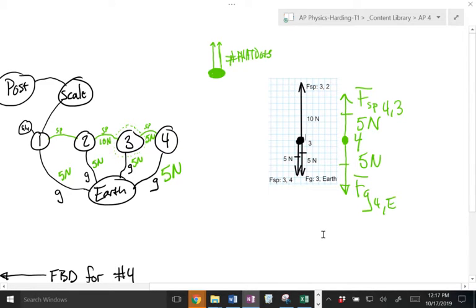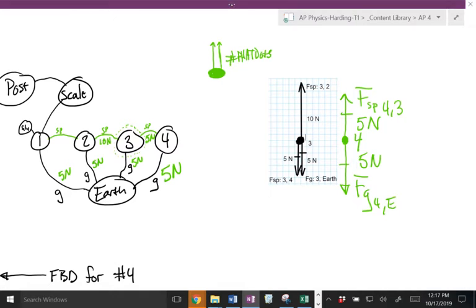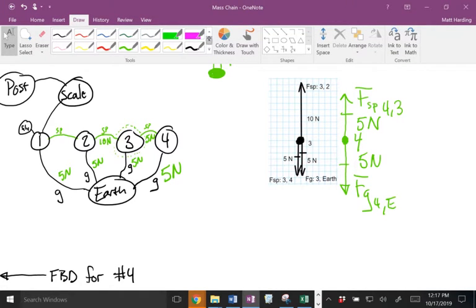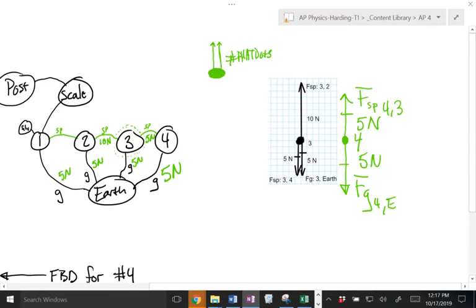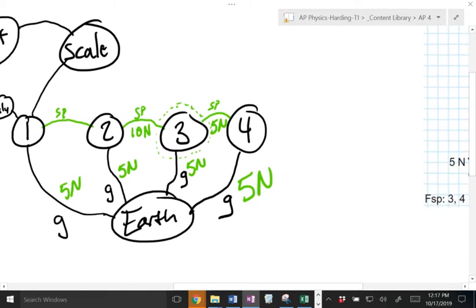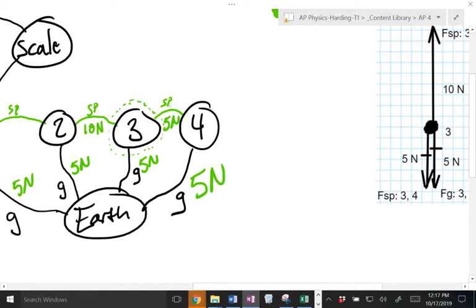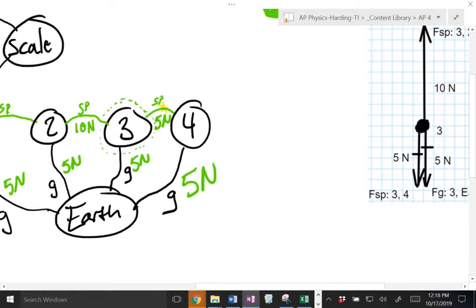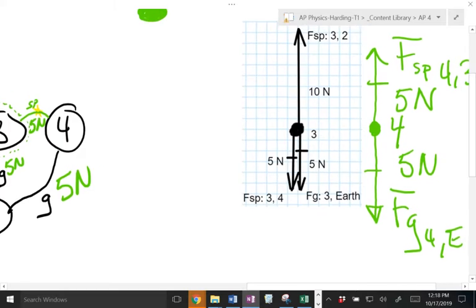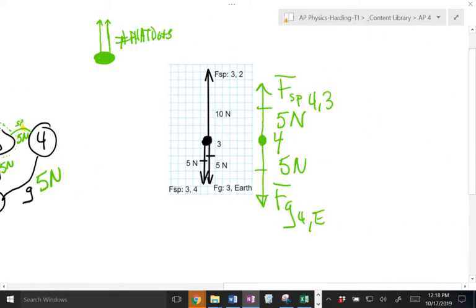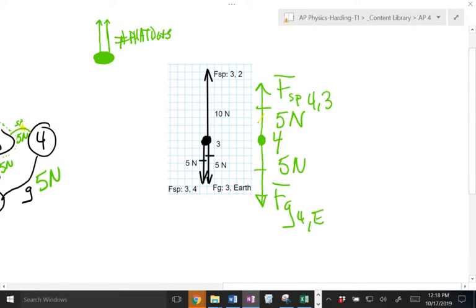All right. So let's drop a little marker in here for this. When forces are part of a pair, that means that they both relate to the same interaction. So I'm going to put a yellow star here on this line. That's a 5 newton interaction between 3 and 4. Half of that pair shows up.